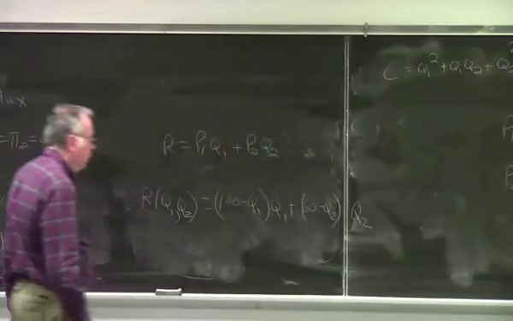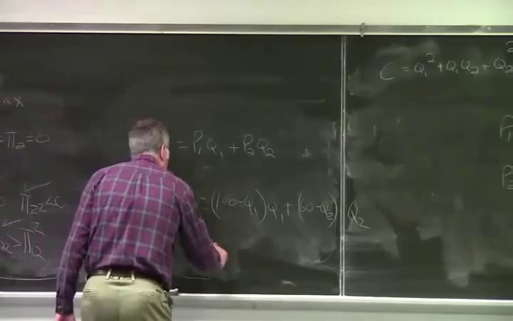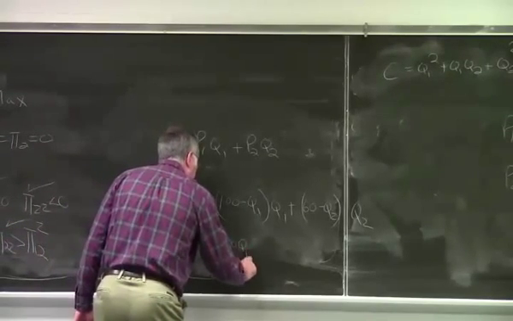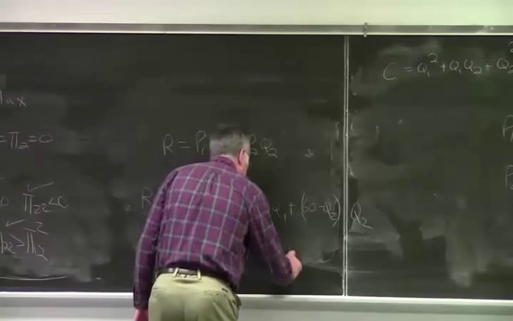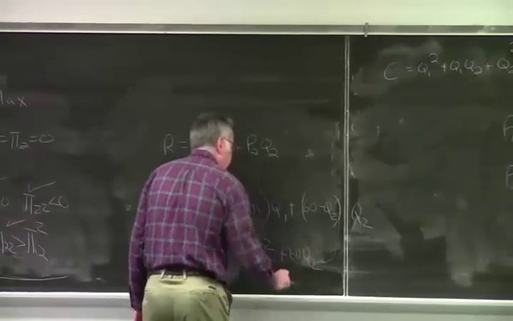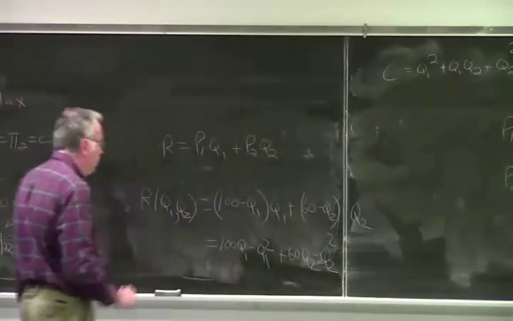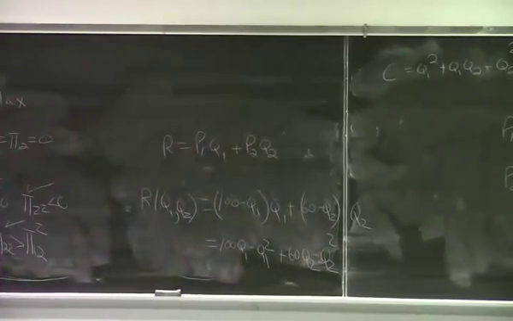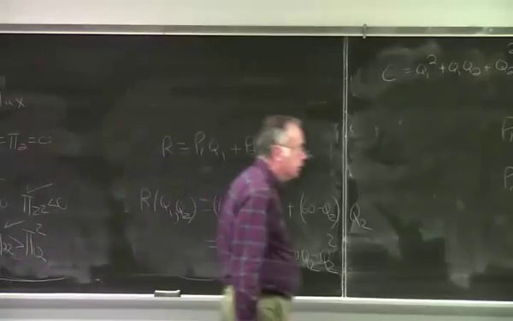So our revenue function becomes 100 Q1 minus Q1 squared plus 60 Q2 minus Q2 squared. That's our revenue function, expressed as a function of Q1, Q2. Subtract out the cost function and you've got your profit function.